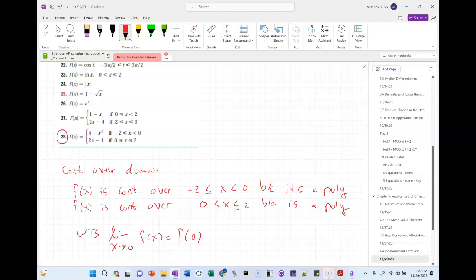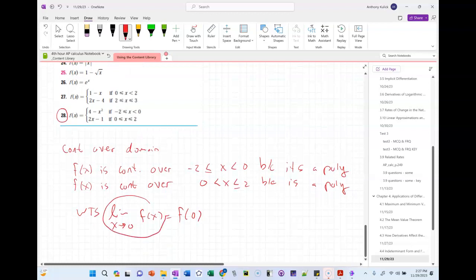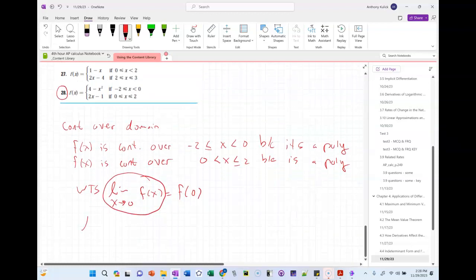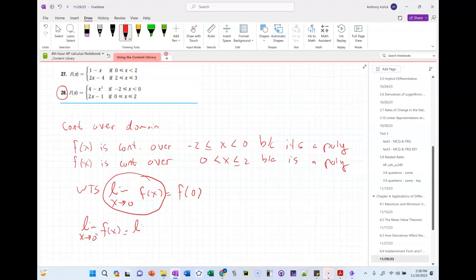I need to show the limit as x approaches 0 of f(x) is equal to f(0). Right? That'll show me continuity at that point. To show the limit exists, so what do I need to have? The left-hand limit has to equal the right-hand limit.